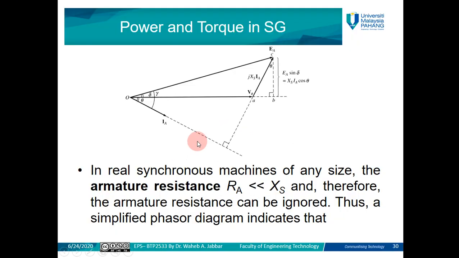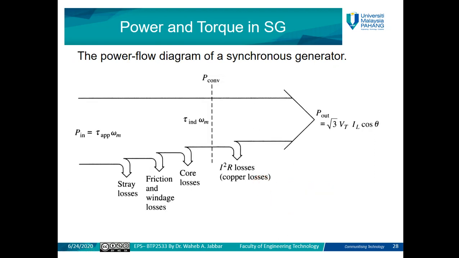So in a real synchronous generator, a machine of any size, the armature resistance RA is much smaller than XS. If RA, which is the resistance of the armature, is smaller than the synchronous reactance, then the losses, as we see in the power here, we have I square R. If this value is very small compared with the value of XS, the copper loss will be neglected.